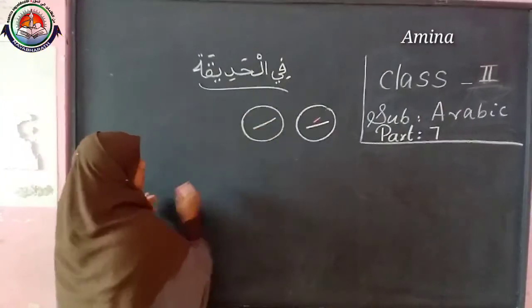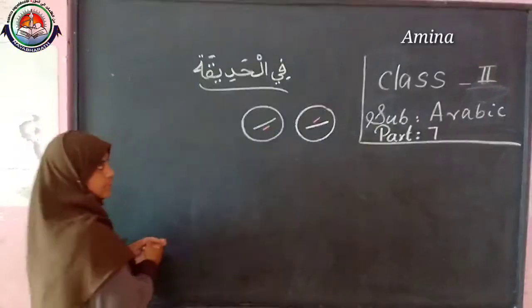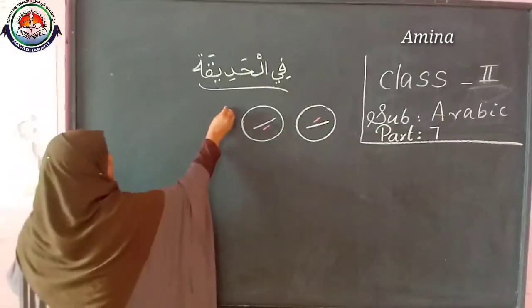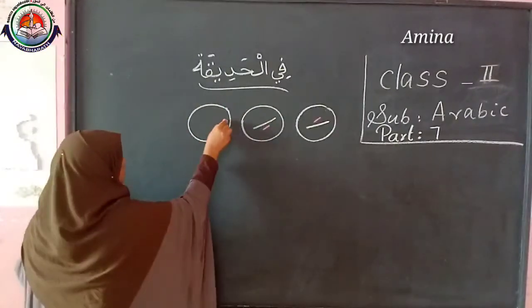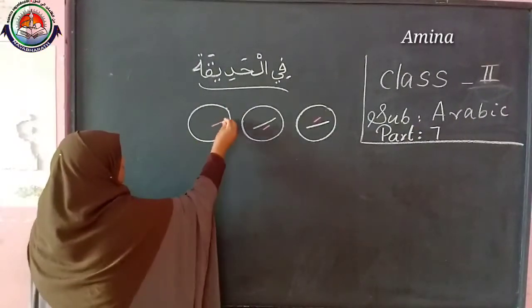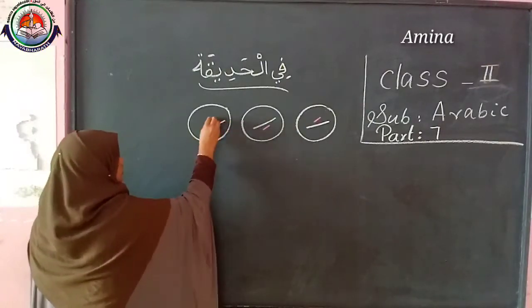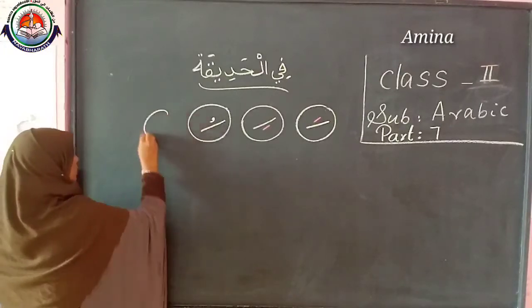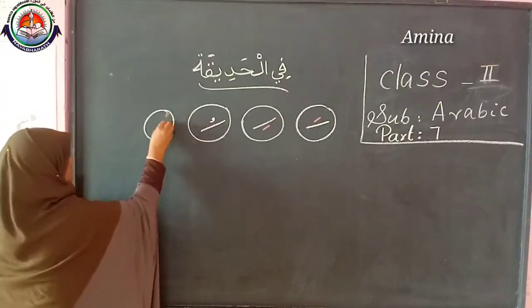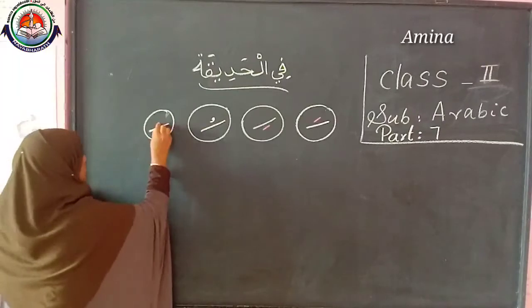This is called Kesra. This is called Damma. This is called Sukoon.